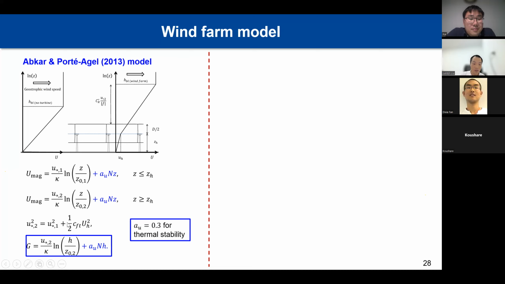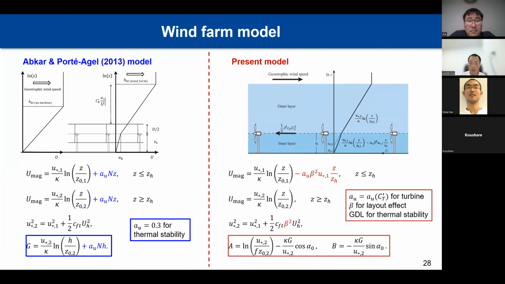Also, the Abkar model did not consider the effect of turbine layout, for example, staggered and aligned. Based on this argument, we propose our own model for wind farms in the conventional neutral boundary layer.